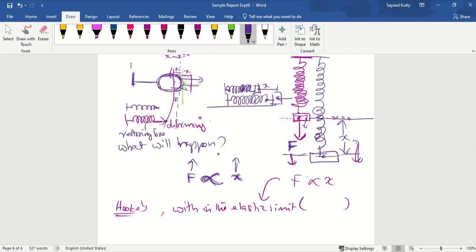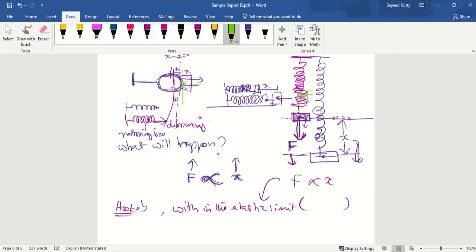So what happens here? We know that the deforming force and the restoring force are equal but opposite. Now look at this. Here the restoring force and the deforming force are equal in magnitude, within the elastic limit. But imagine if the deforming force is in this direction, the restoring force will be in this direction, in the spring.